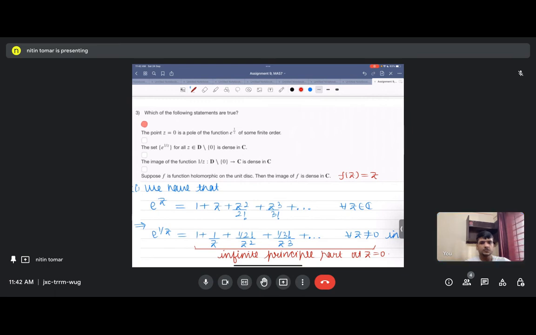What does dense in C mean? Dense in C means a set whose closure is C. So is the closure of D the complete complex plane? No. Okay. So this option is false.